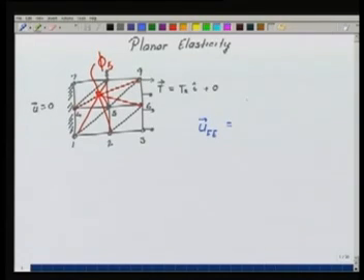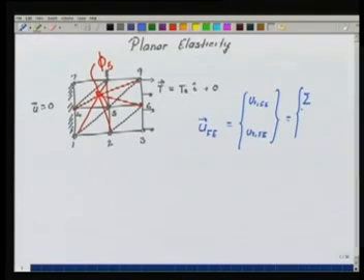UFE, and the components of it are U1 FE and U2 FE, and they are given by sigma I is equal to 1 to n.